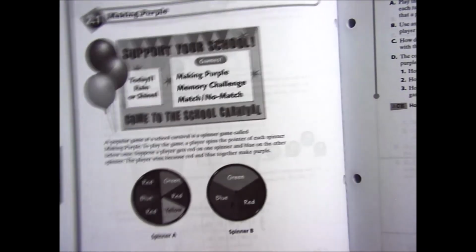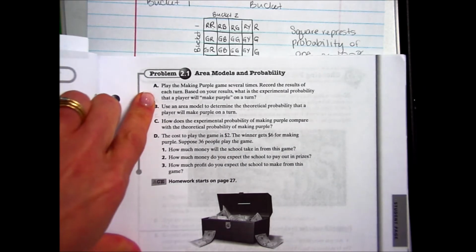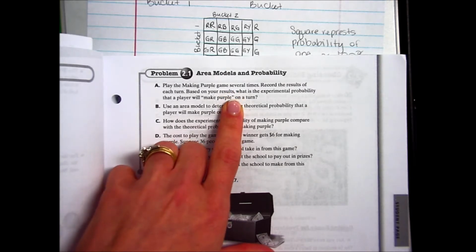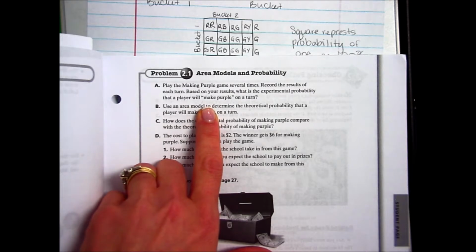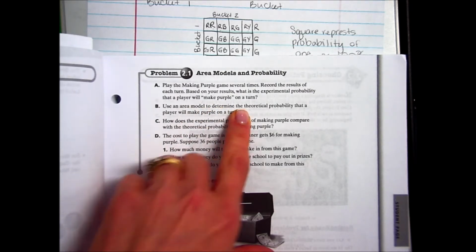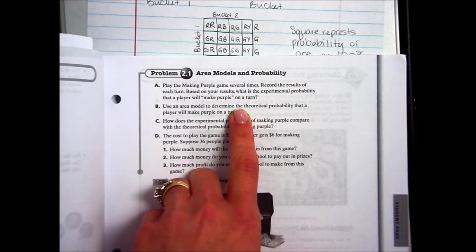Okay, so let's see what we need to practice here. Part A says play the Making Purple game several times and record your results on each turn. Based on the results, what's the experimental probability that a player will make purple on a turn? So, here's what we're going to do. Remember the Google Doc that we opened the other day on our spinner game?